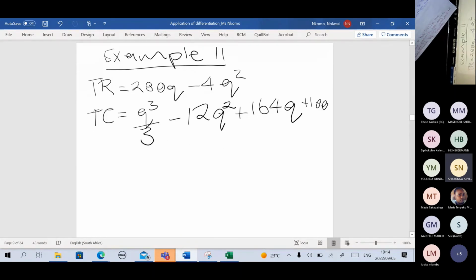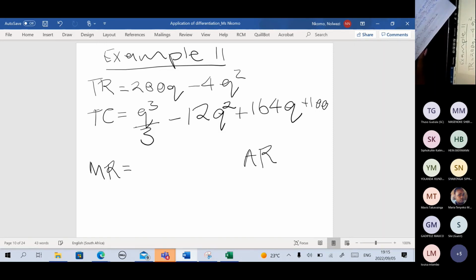It says derive the formula for marginal and average revenue. Okay, so we have TR and TC, right? And we are asked to find the marginal revenue and average revenue.